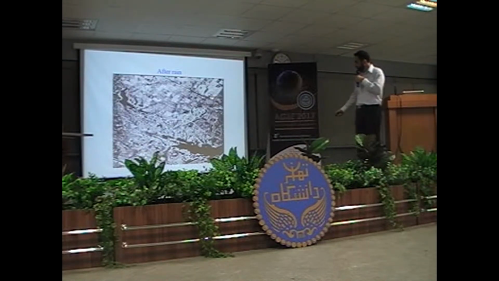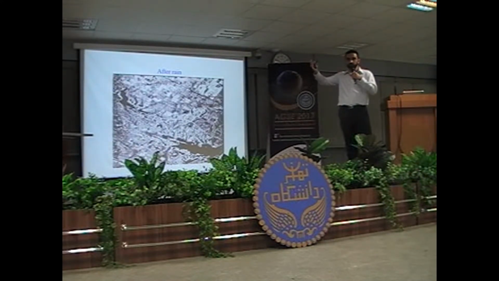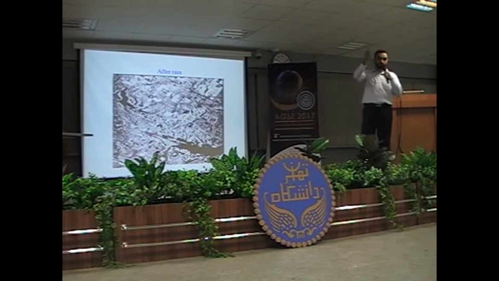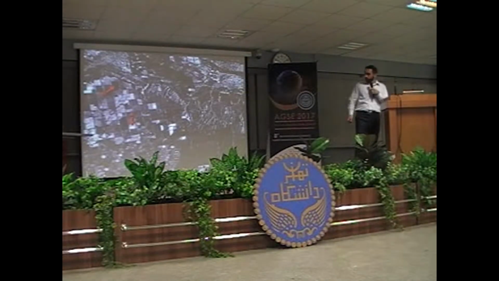Actually, this part does not absorb any energy, but the main point is that because of their roughness, they do not reflect it toward the antenna. The energy is going in another direction. It does not absorb, but does not reflect it back to the antenna. That's the main point why the sea and the lakes look completely black.